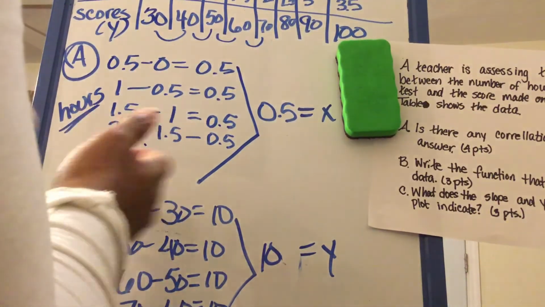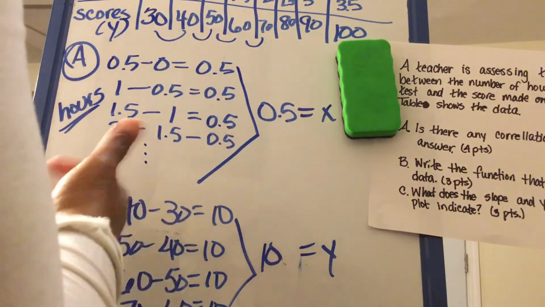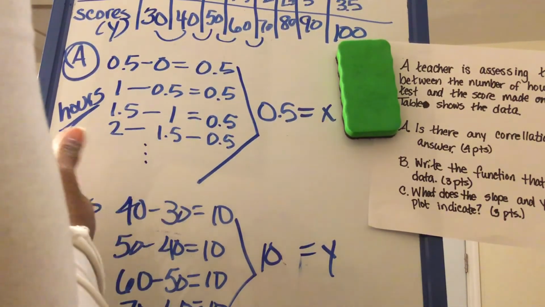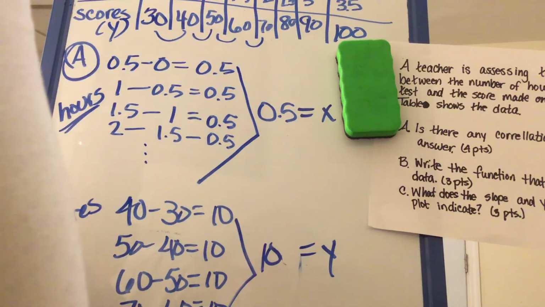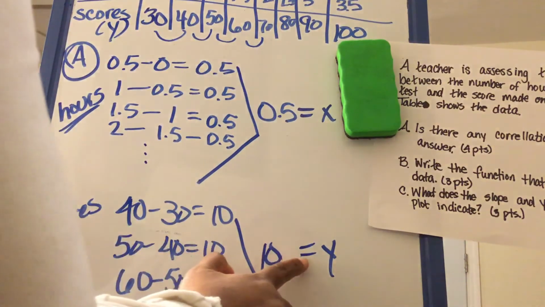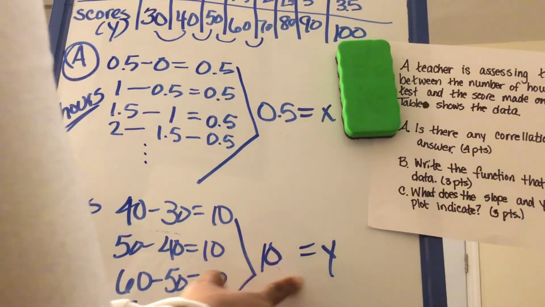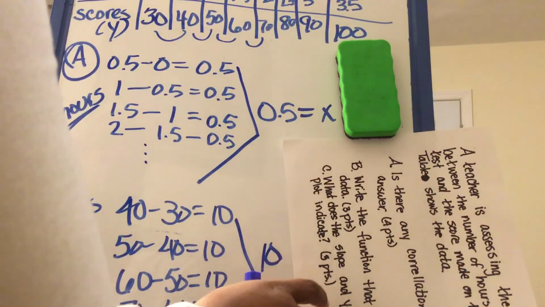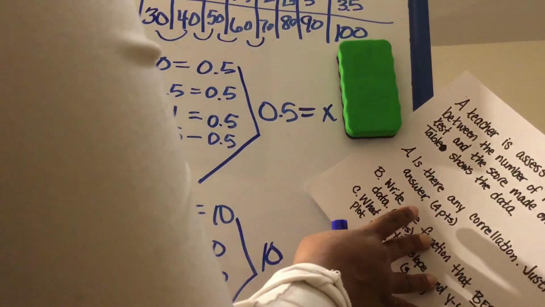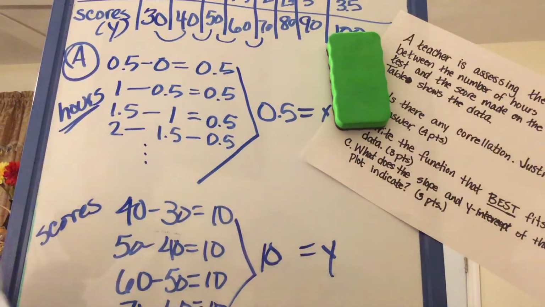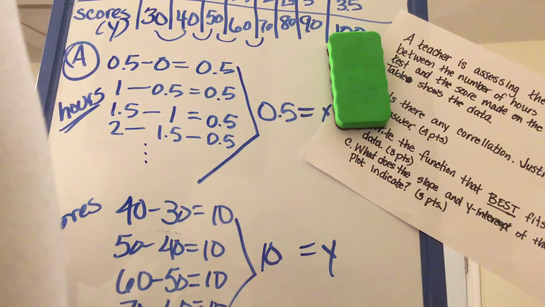So it says, write the function that best fits the data. So, what is my function? How would I write my function? Your function is y equals mx plus b.